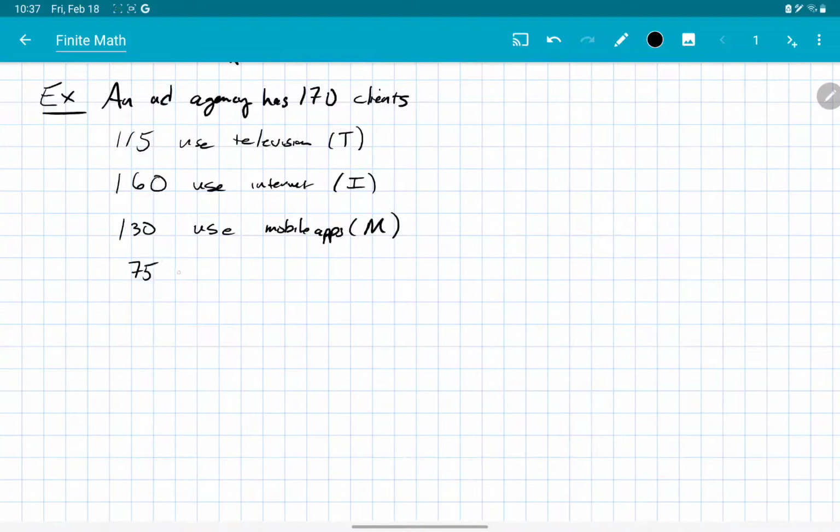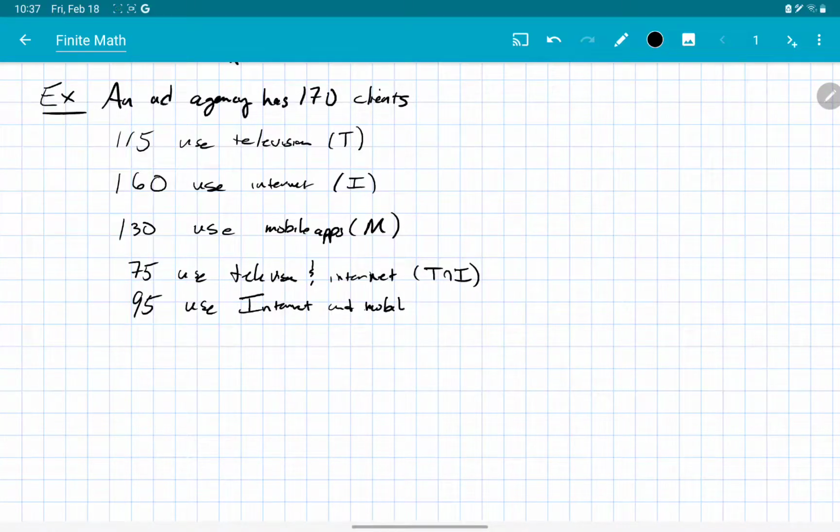75 use television and internet. We would say that's T intersect I. 95 use internet and mobile. That would be I intersect M. And 85 use television and mobile.